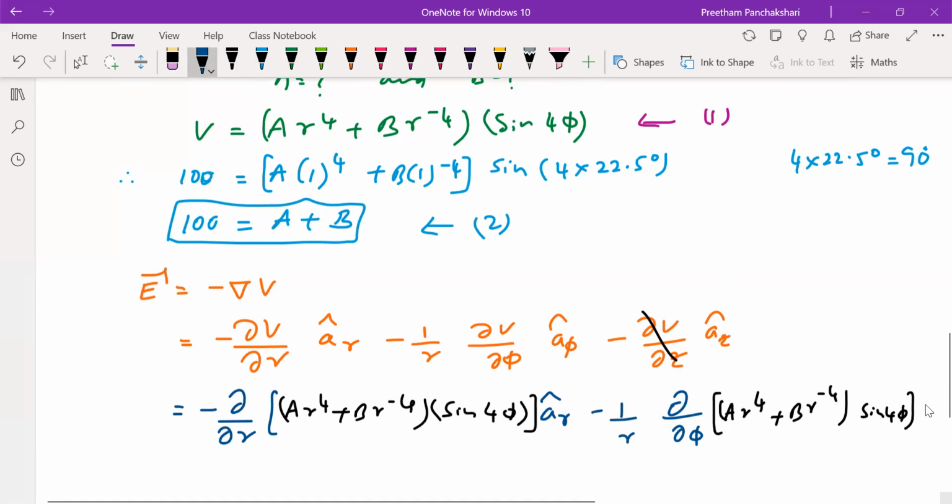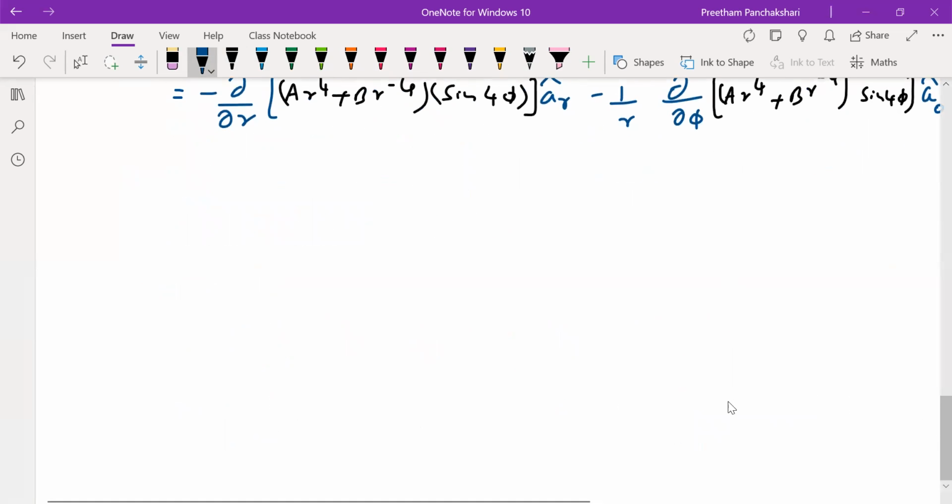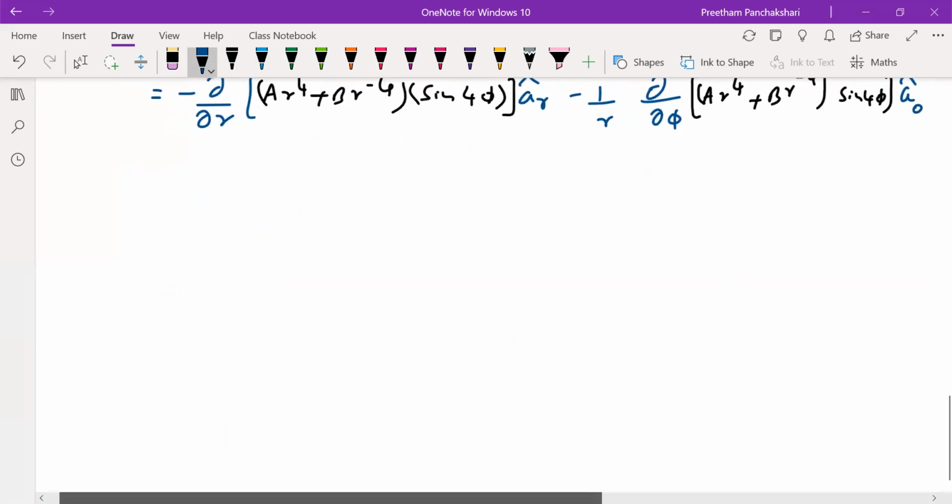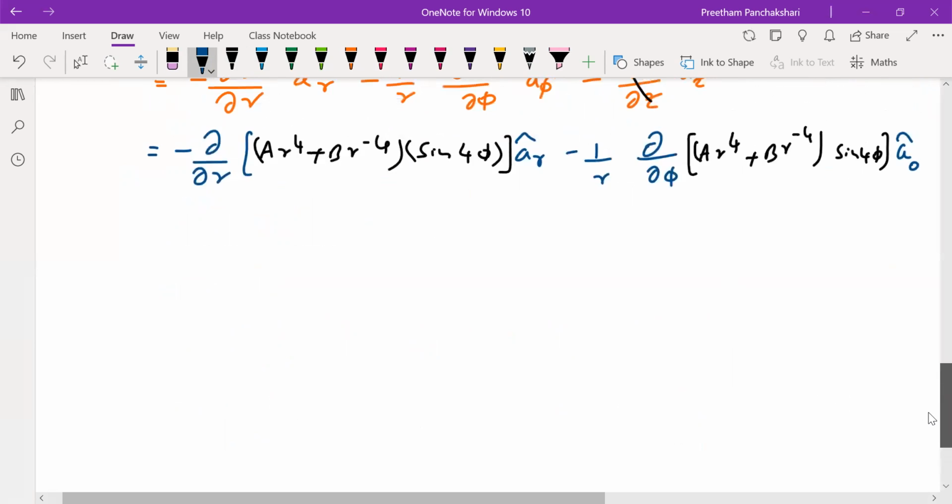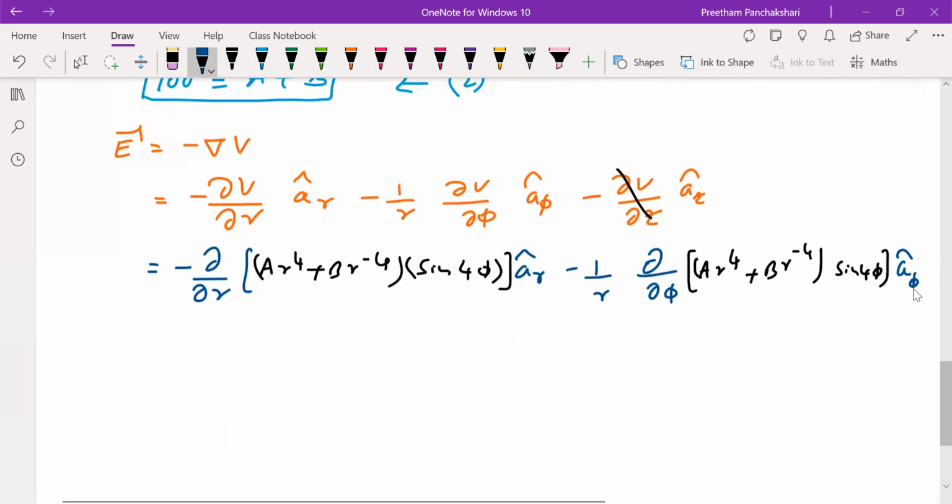This is the phi component. The Z component is 0.